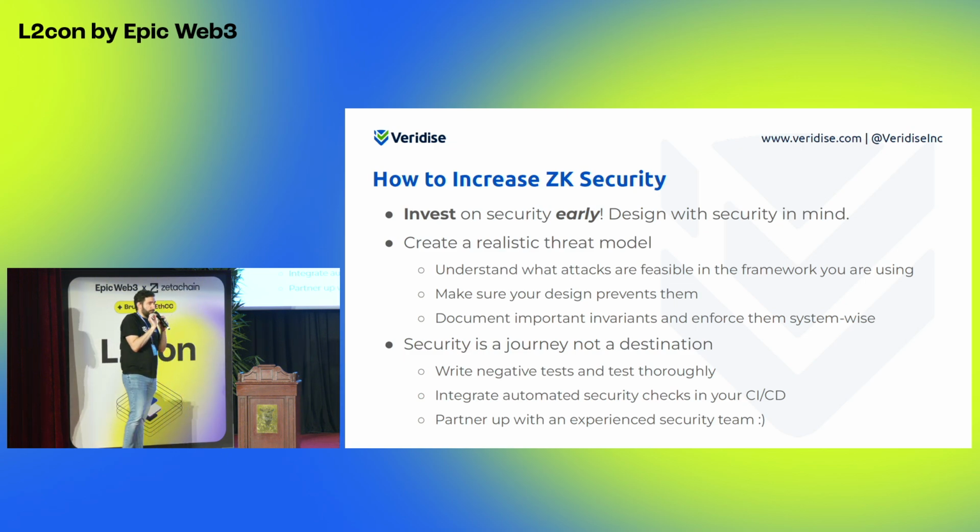And you need to make sure that your design prevents all of these attack vectors. Also, you need to be diligent when documenting things: document important invariants of your system and make sure that they are being enforced system-wide.